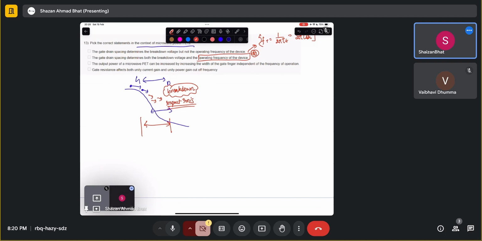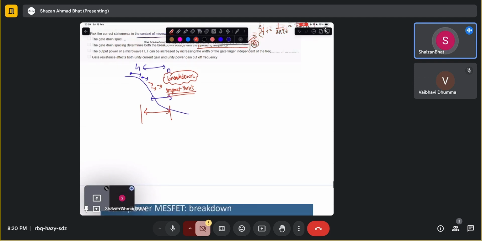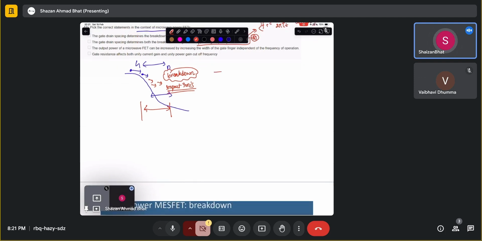Why? Let's see, for example, the electrons are going through a distance like this, compared to the electrons going through a distance like this.